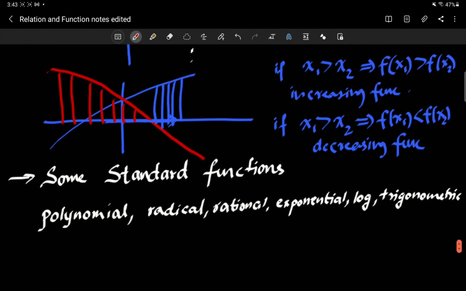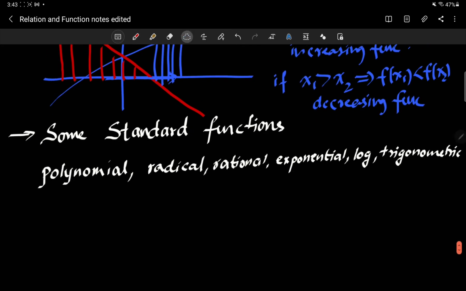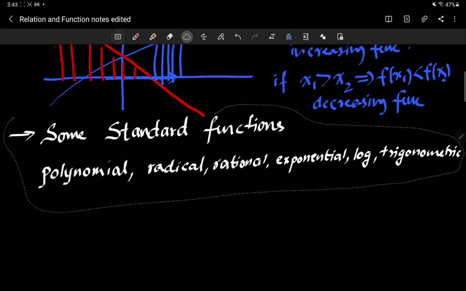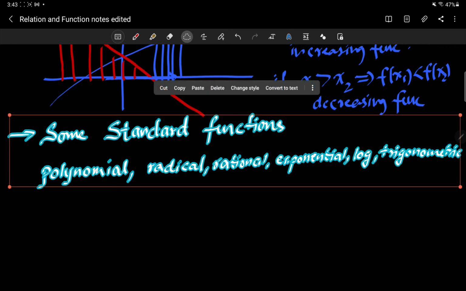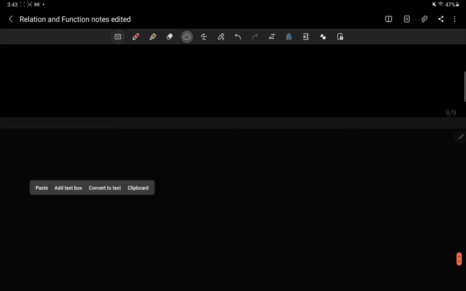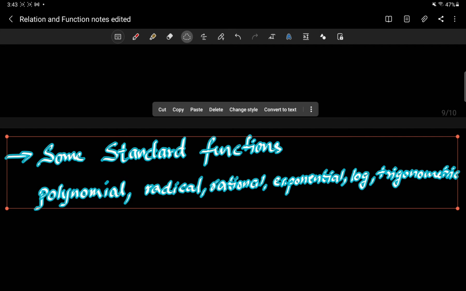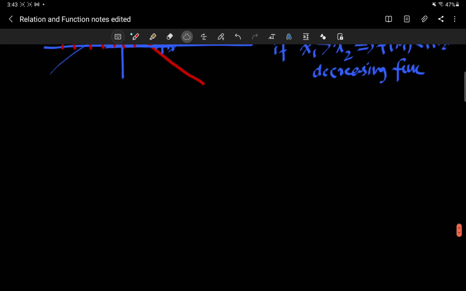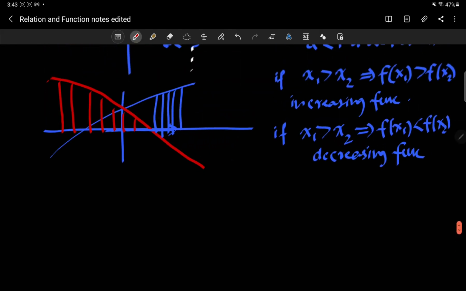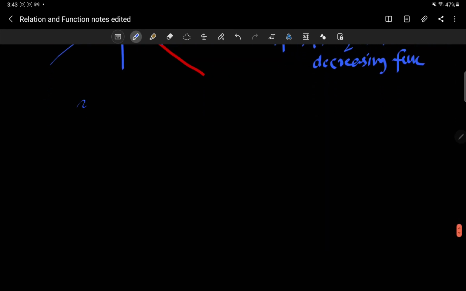Let me make some space here. Come back to this later. So what I mean is that let's look at some examples.